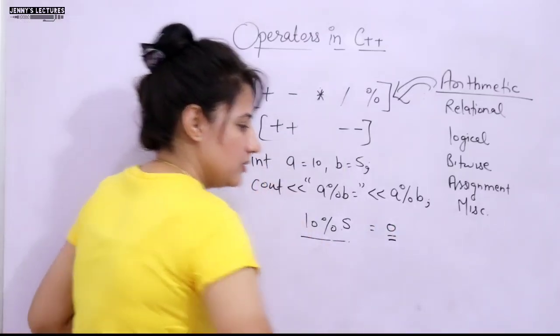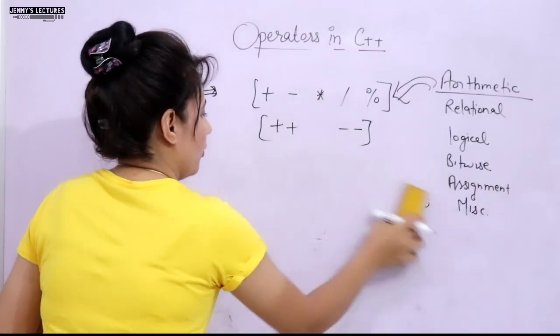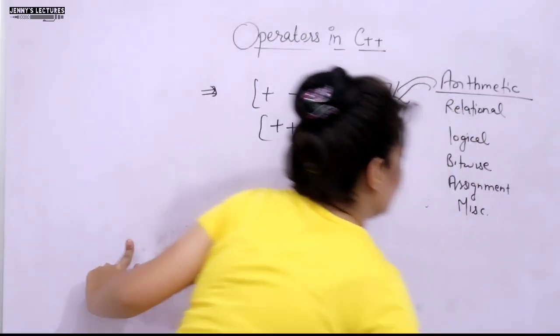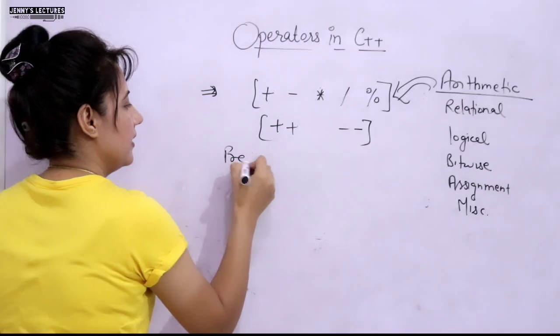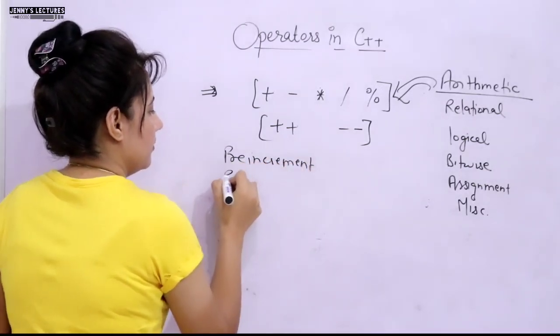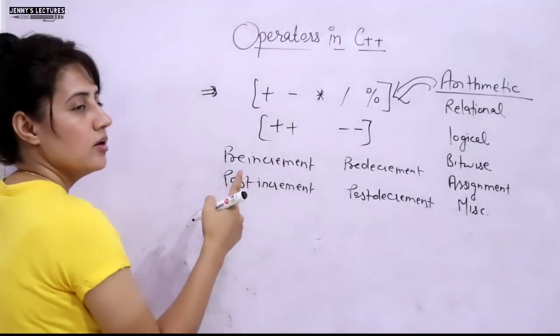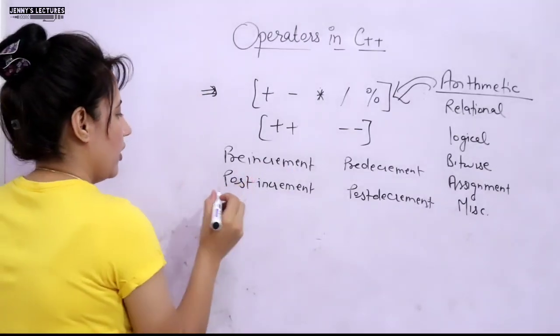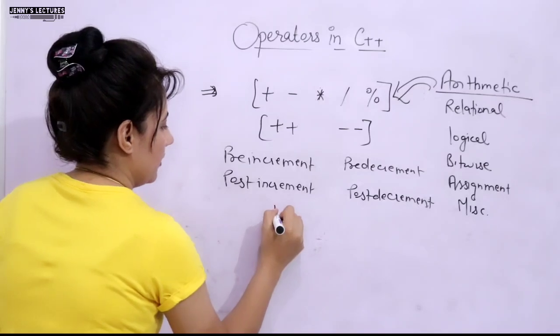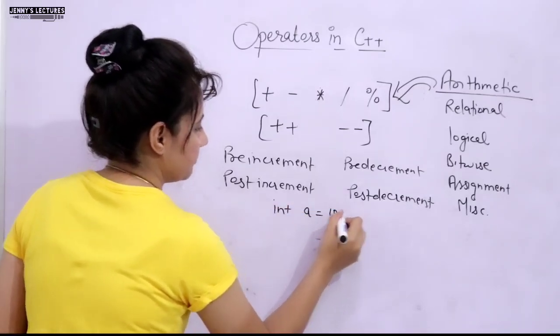Now, these 2 operators are a little bit tricky, so let me explain them. Increment and decrement are also of 2 types: pre-increment and post-increment. Let me take one example, int a is equal to 10.